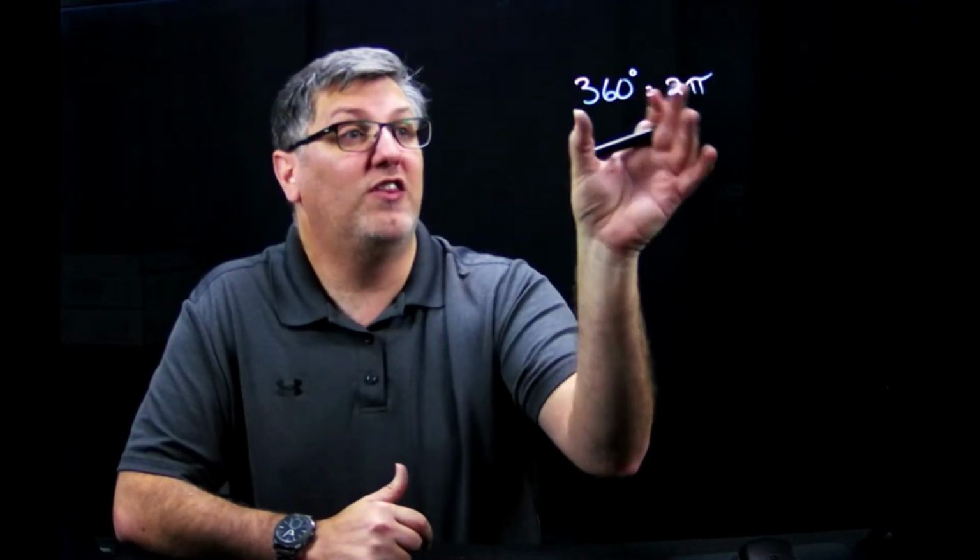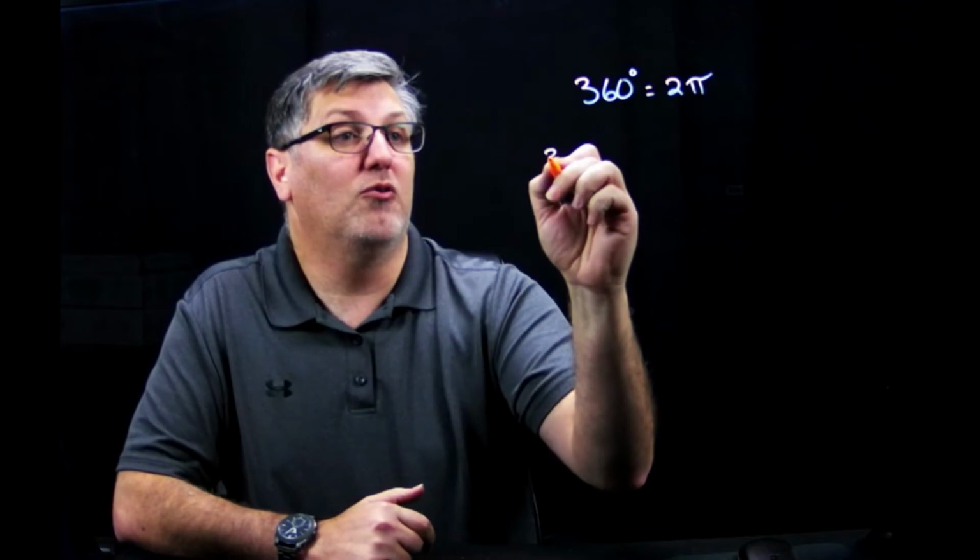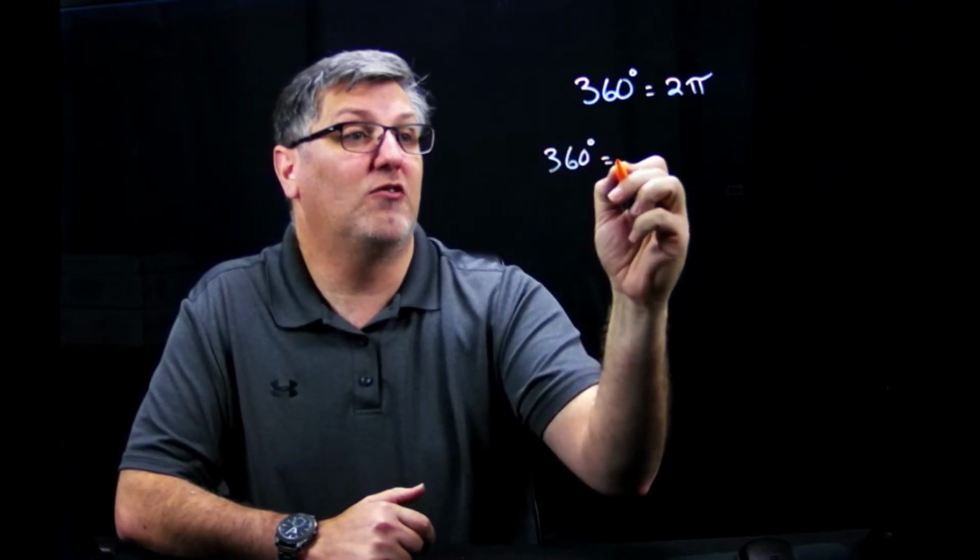First thing we need is a conversion factor from degrees to radians and radians to degrees. I know one full rotation is 360 degrees. I also know it's going to take 2 pi radians to get all the way around a circle. Now in math, you're allowed to add 0 or multiply by 1 and it doesn't change a number. So I'm going to use this conversion factor to create the number 1 in 2 different ways. The first thing I want to do is 360 degrees over 2 pi.